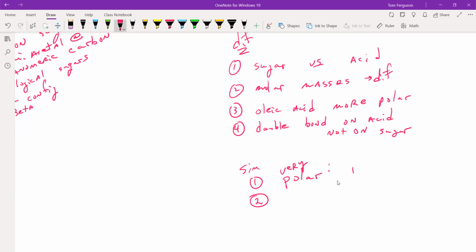Particularly if the pH is alkaline, which forces the acid into its salt form, which is ionic.